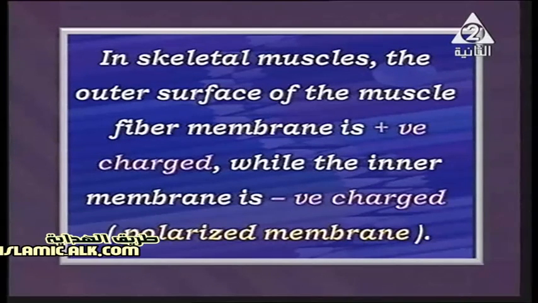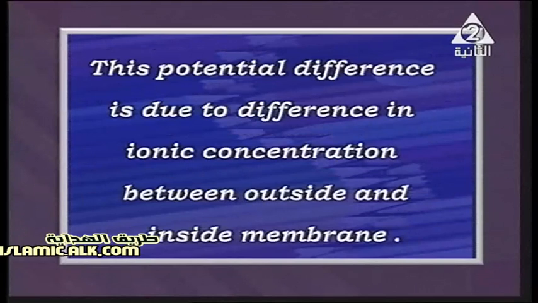So we have what? A polarized membrane. Polarized means it has two different charges. Well, this potential difference is because of what? The ionic concentration between outside and inside the membrane, between two different areas on the same membrane.